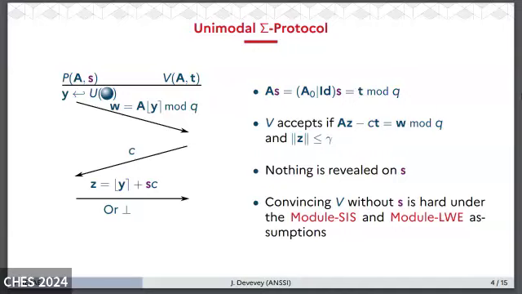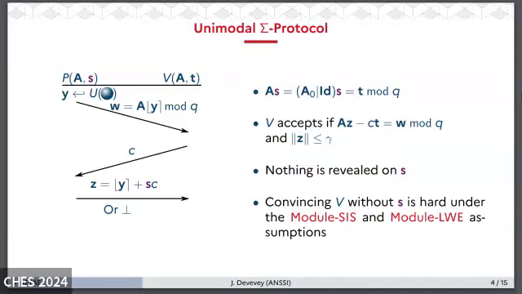Then the verifier will be convinced if some equation is satisfied, and most importantly, if the norm of Z is small enough, because it's comprised of Y, S, and C, which are all very small polynomials in terms of Euclidean norm. If you do the rejection sampling correctly, then you reveal nothing on your secret, which is the main issue.